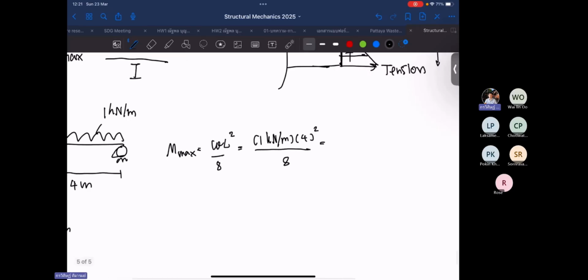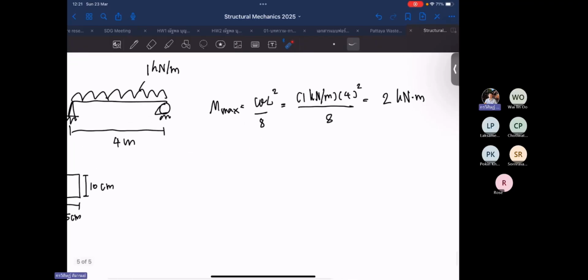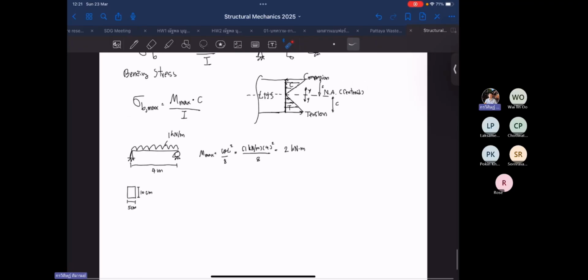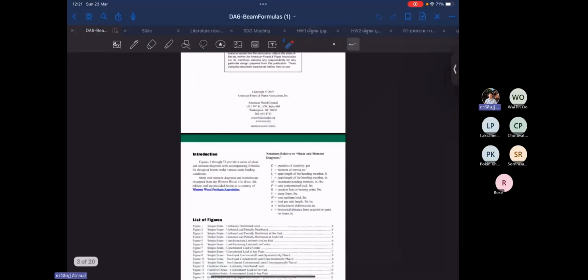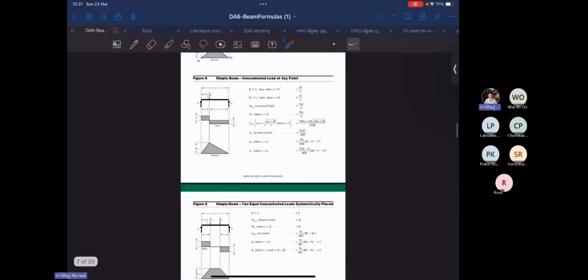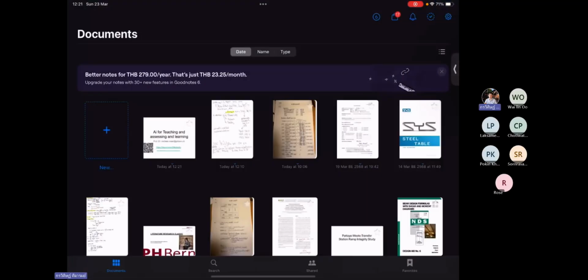So we get 1 multiplied by 4 squared divided by 8 equals 2 kilonewton meter. If you don't want to use this formula, you have to cut the beam and analyze. I already taught you. But in the exam, I will give you this kind of table, so you can reference this table and use the formula directly for your convenience.